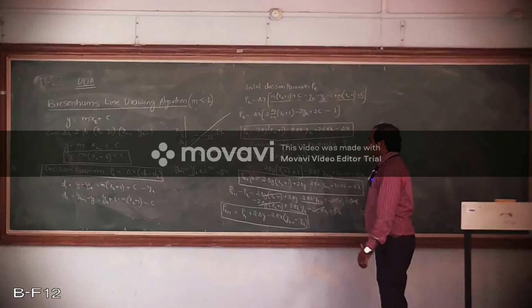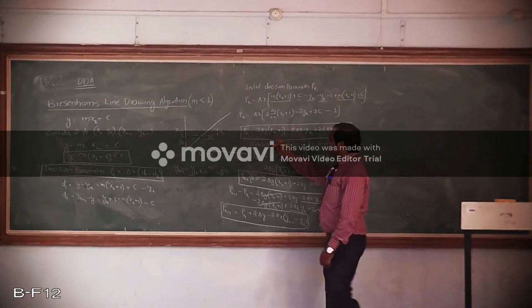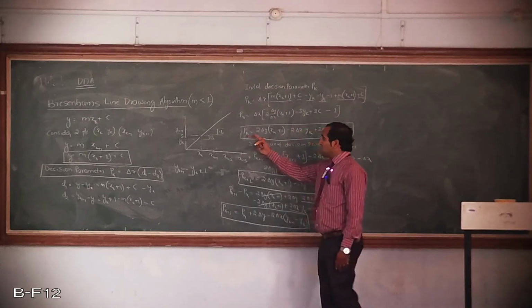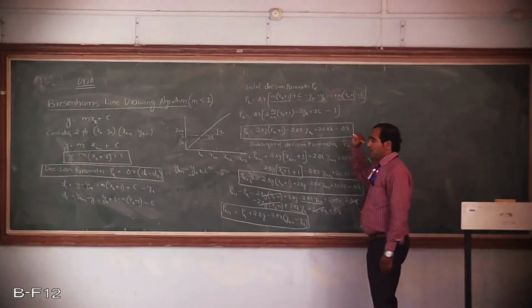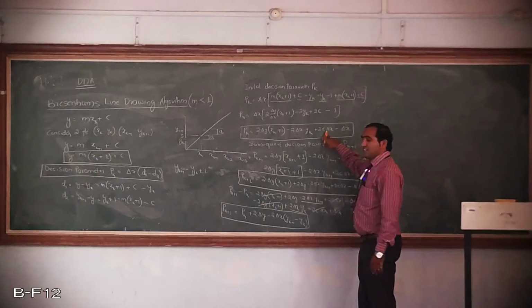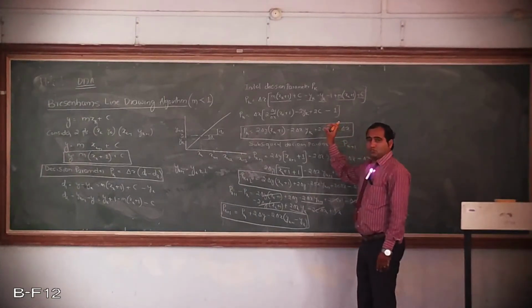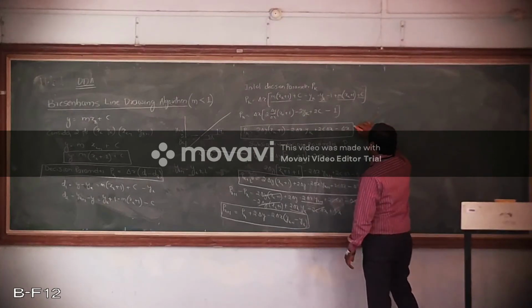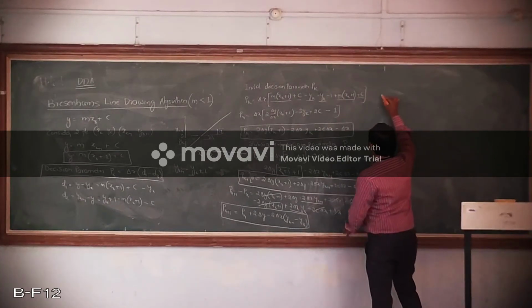After deriving this, I will come to this point again, that is the initial decision parameter pk. This has been already derived, but I will make some small change in this. What is that change? I will consider the equation of pk once again.